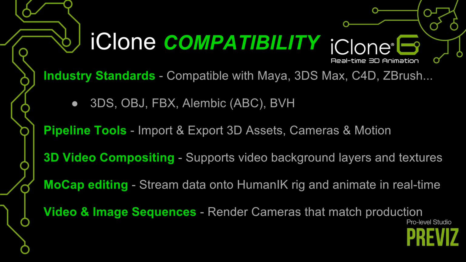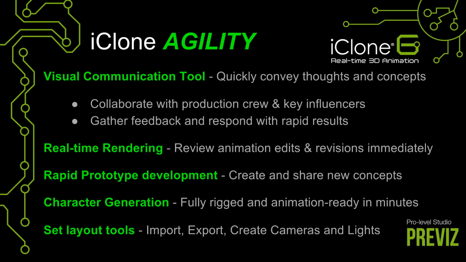So the agility of iClone is also a major selling point for why use iClone to develop PREVIZ. And one of the things that make iClone such an agile tool is it really is a visual communication tool. And so we quickly convey thoughts and concepts between large groups and small groups of people that are usually found working on high-level productions and doing pro-level work.